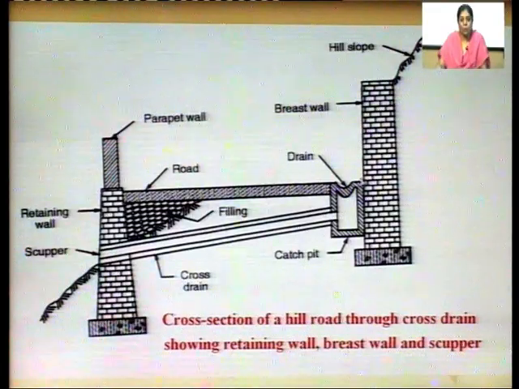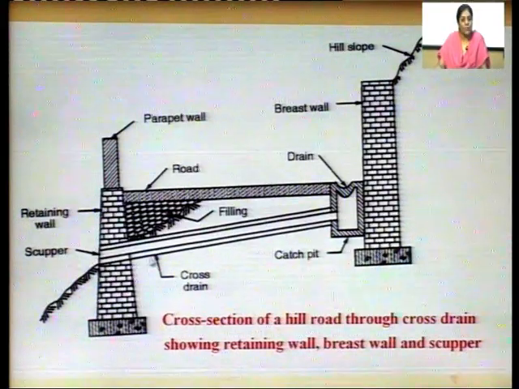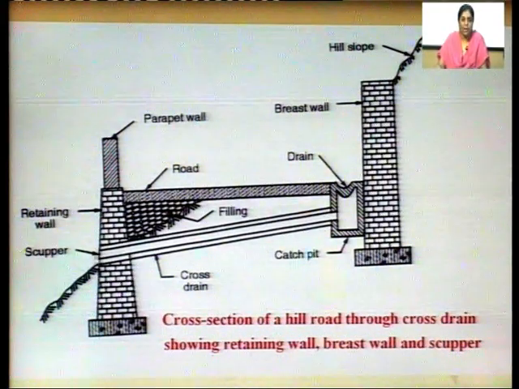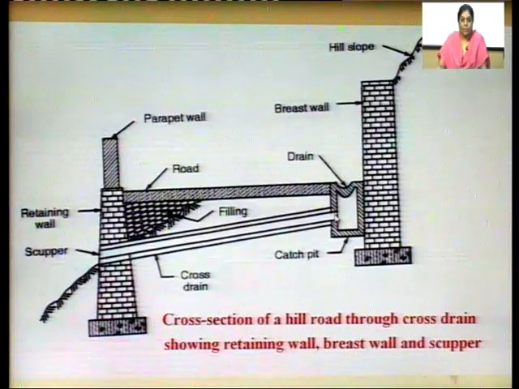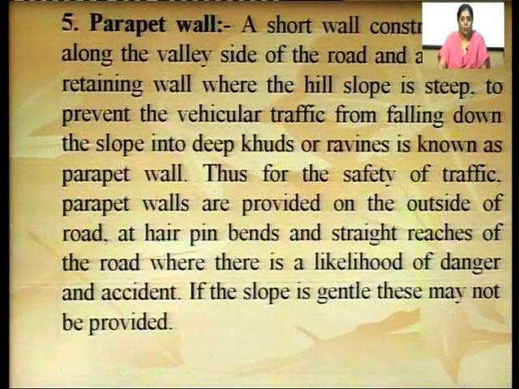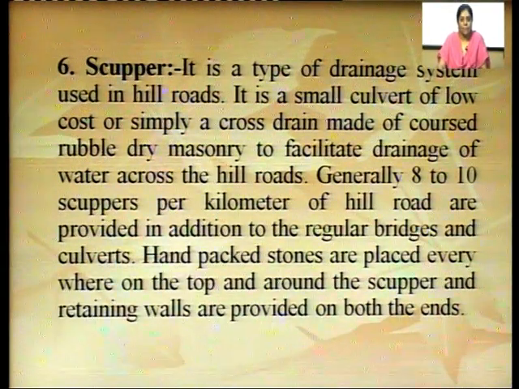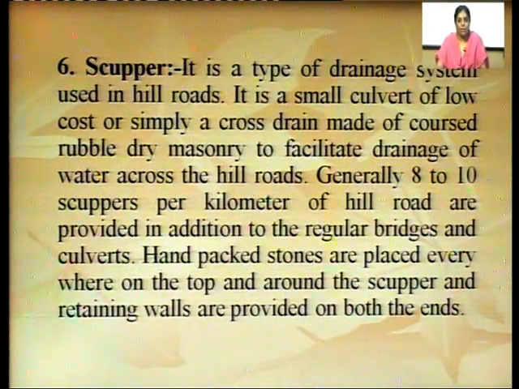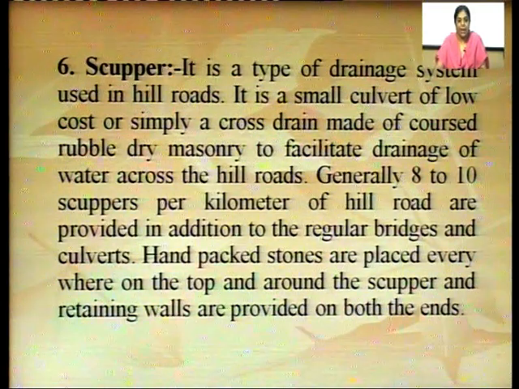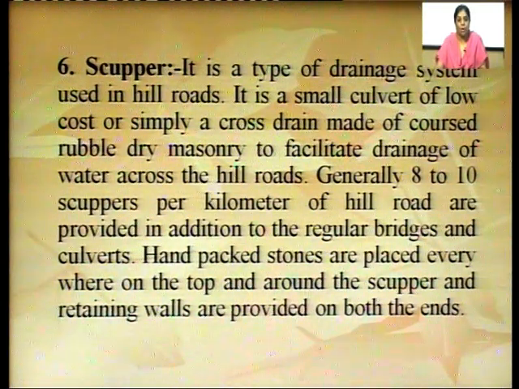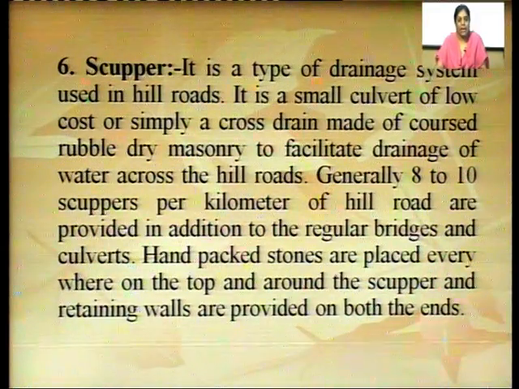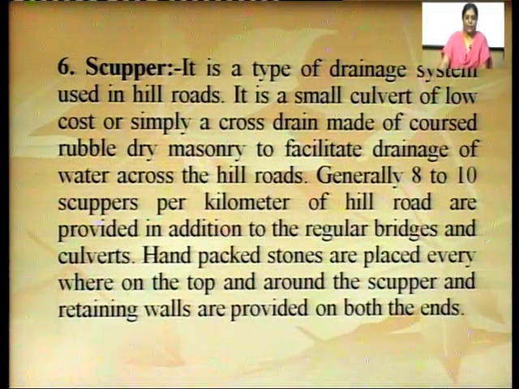So, to relieve the water from this drain, this type of drainage system is used, which is called a scupper. So, basically this is an underground drainage system. So, we have talked about scuppers, which are generally provided 8 to 10 per kilometer of hill road, in addition to the regular bridges and culverts.